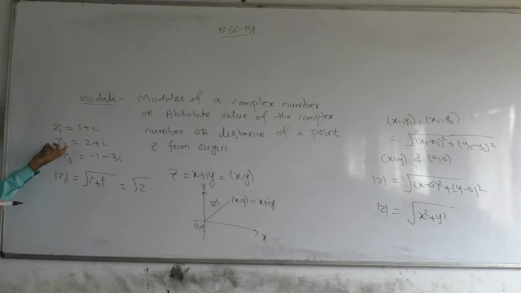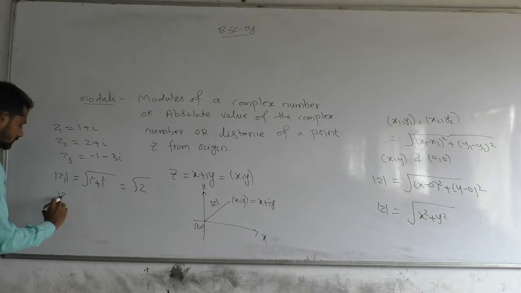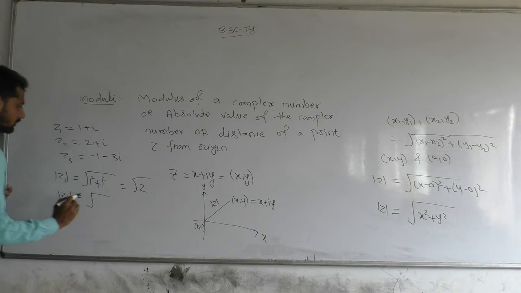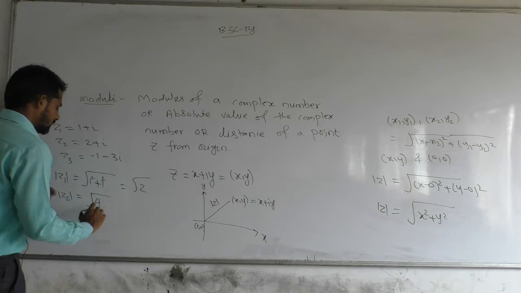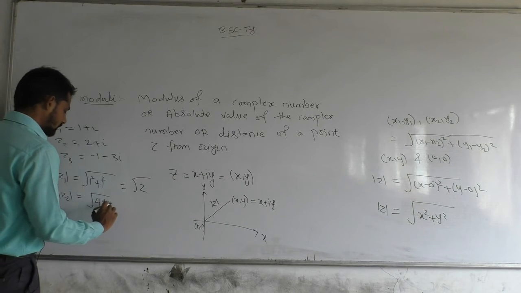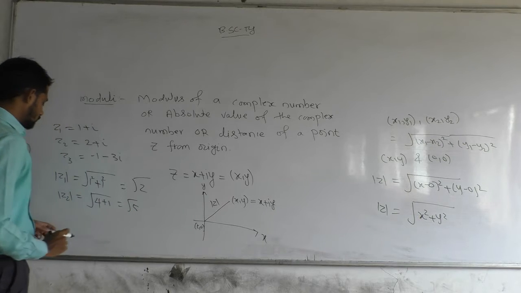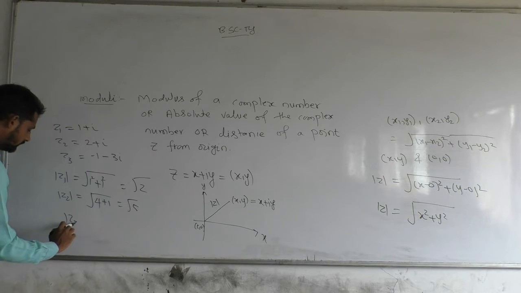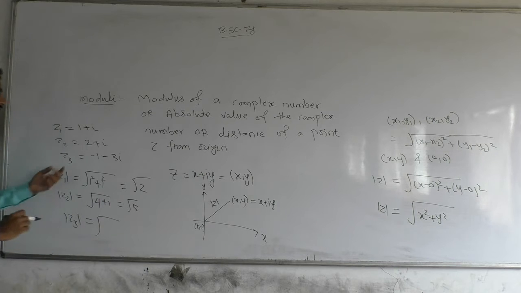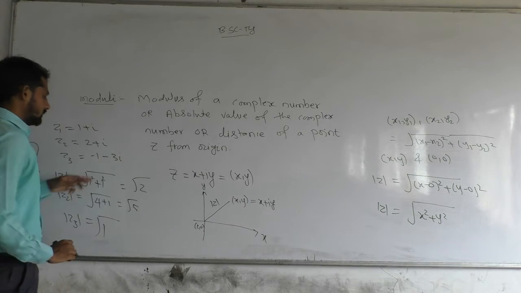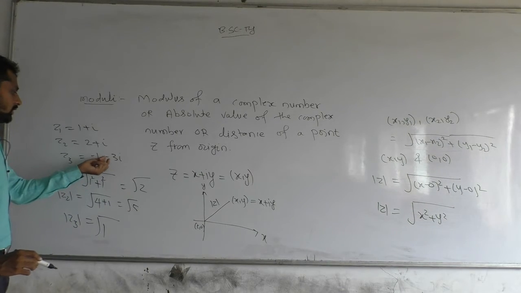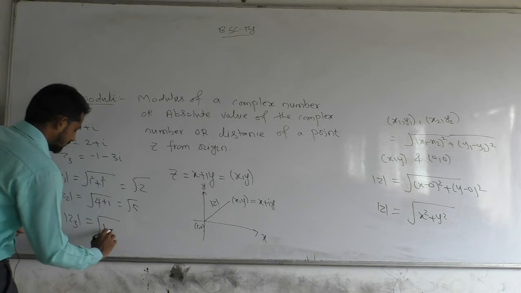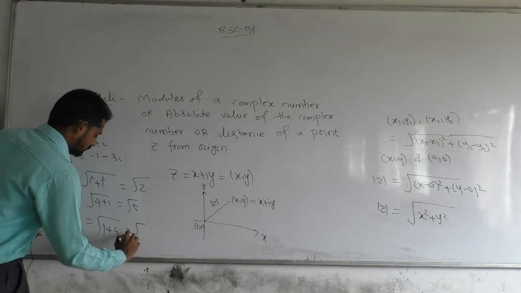Modulus of z2 is equal to the square root of square of 2, which is 4, plus square of 1, which is 1. So it is equal to square root 5. Now mod of z3 is equal to the square root of square of minus 1, this is 1, and square of minus 3 is plus 9. It is equal to square root 10.